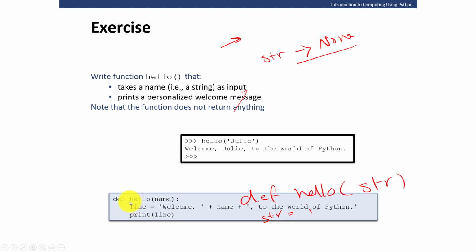Okay, so as you can see, hello and the name, and what will it welcome, you see, like hello Julia. When I invoke the function hello Julia, it's going to print welcome Julia to the world of Python, and it doesn't return anything.